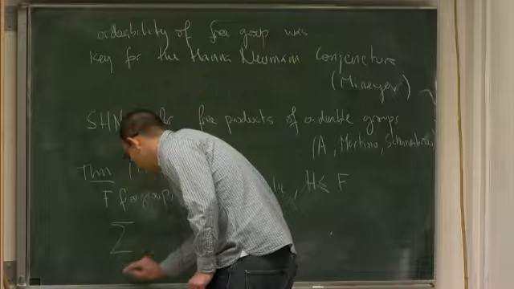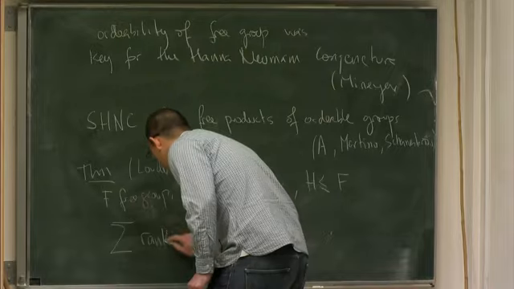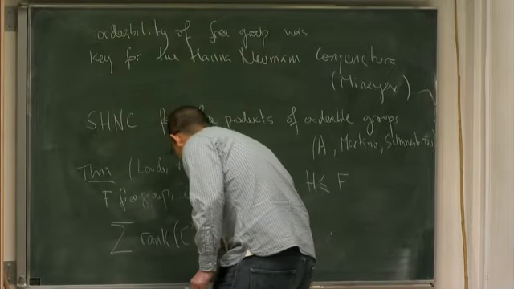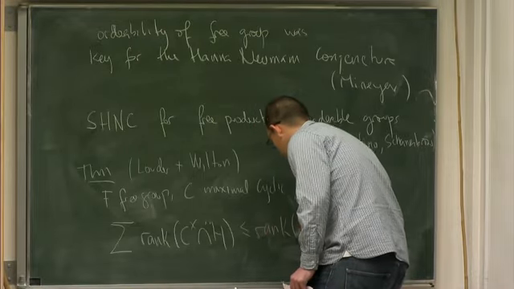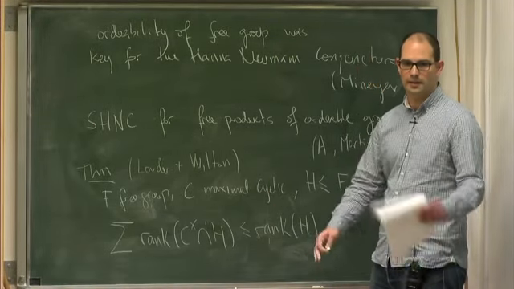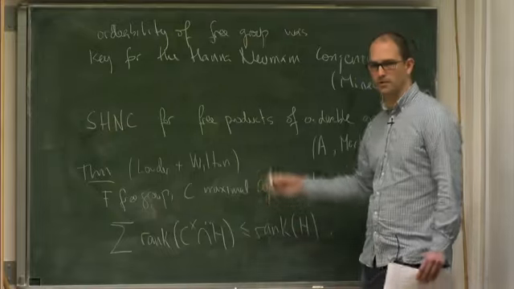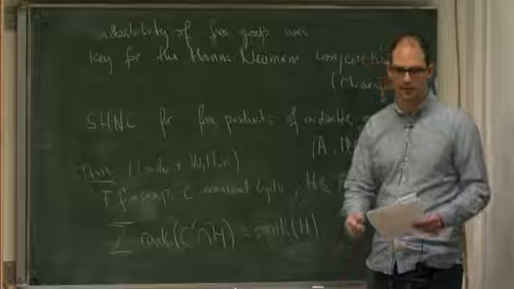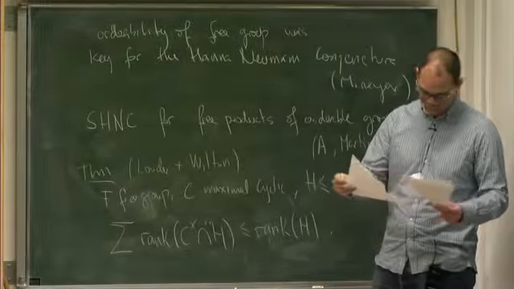And you have that the sum over the double cosets of rank. And it's important here, at least in their proof, that you can order F modulo C, that there is some order there. I mean, we're using something like that.